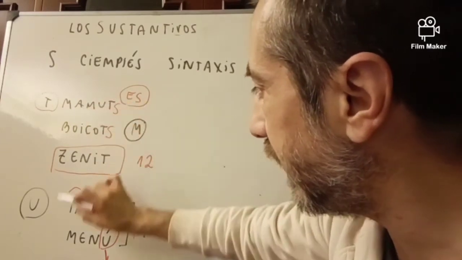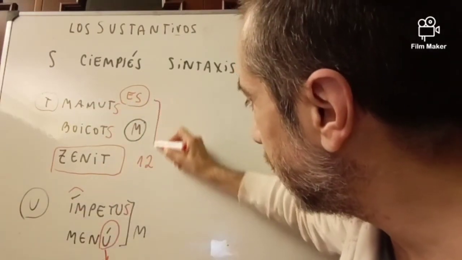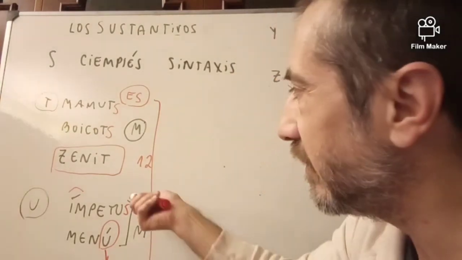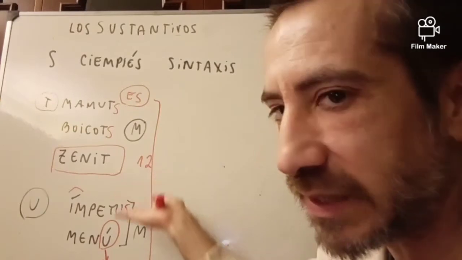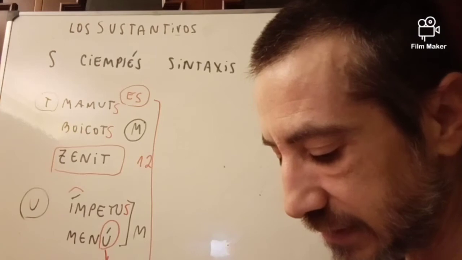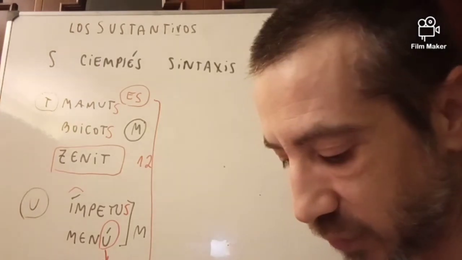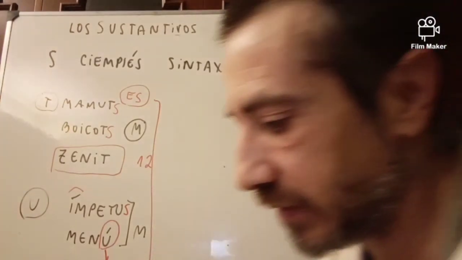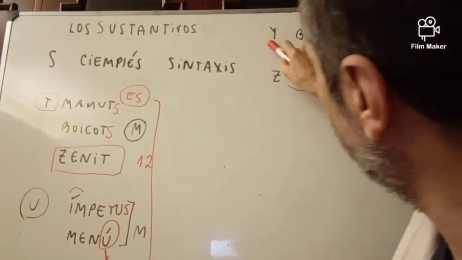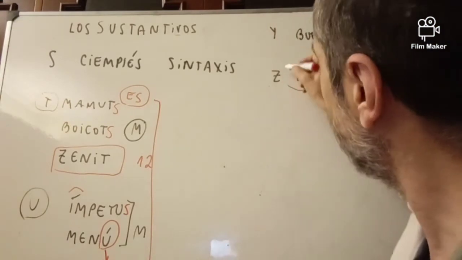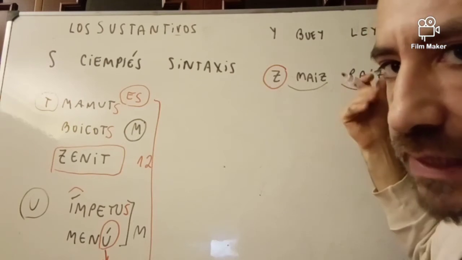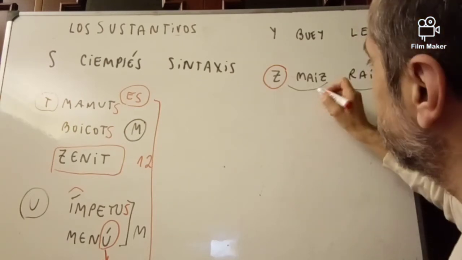So te and u are exceptions to the rules, but these are all the possible cases, so you can even study them by heart, because these are the only two cases. Let's see with y. Now with z it's easy because you have to do the same that we did with adjectives.